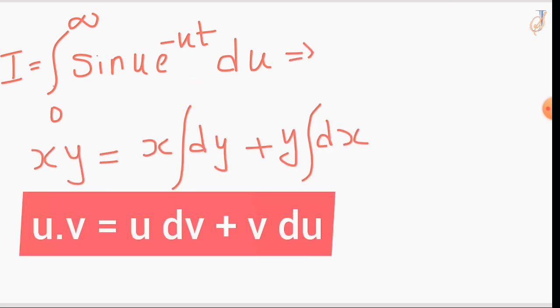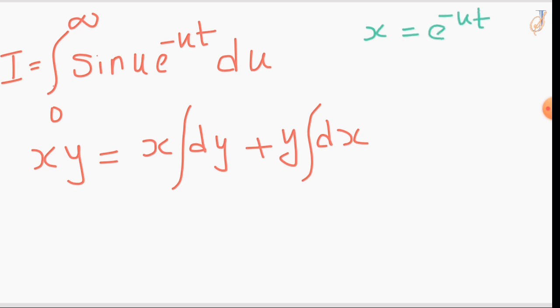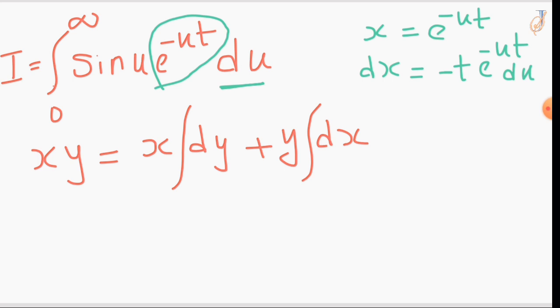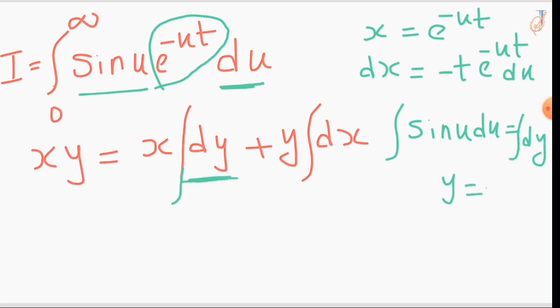If you consider x as e^(-ut), then the derivative of x is minus t e^(-ut) du. So we are done with e^(-ut). Still you have the integral of sin u du, which you consider as the integral of dy. That means y equals minus cos u, isn't it?